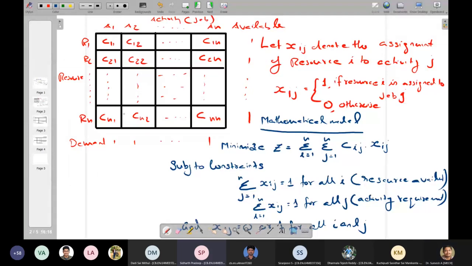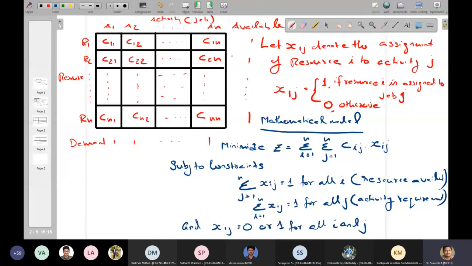In that subject to constraints, see the constraint Xij equals 1 for all I. That is, in the case of resource availability, here only one resource will be available. It may fall into either A1, A2, A3 up to AN.